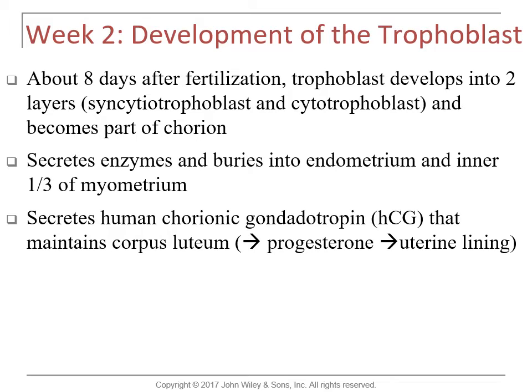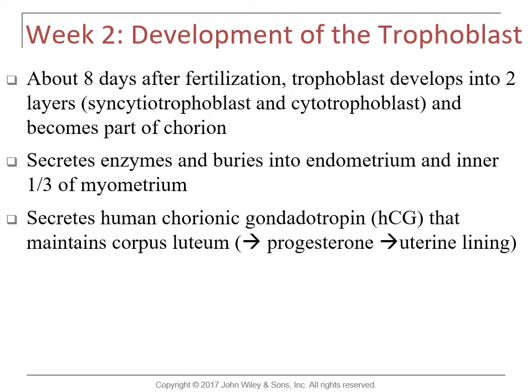Another secretion of the trophoblast is the human chorionic gonadotropin hormone, the HCG, which has action similar to LH. HCG rescues the corpus luteum from degeneration and sustains its secretion of progesterone and estrogens. These hormones maintain the uterine lining in a secretory state, hence preventing menstruation.